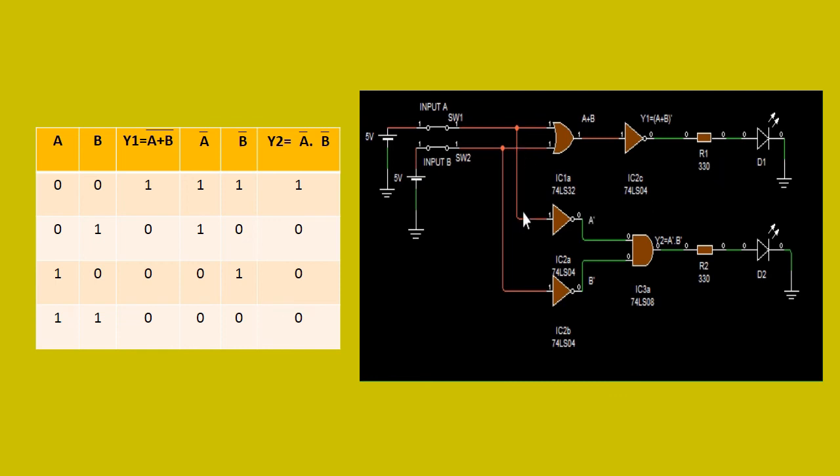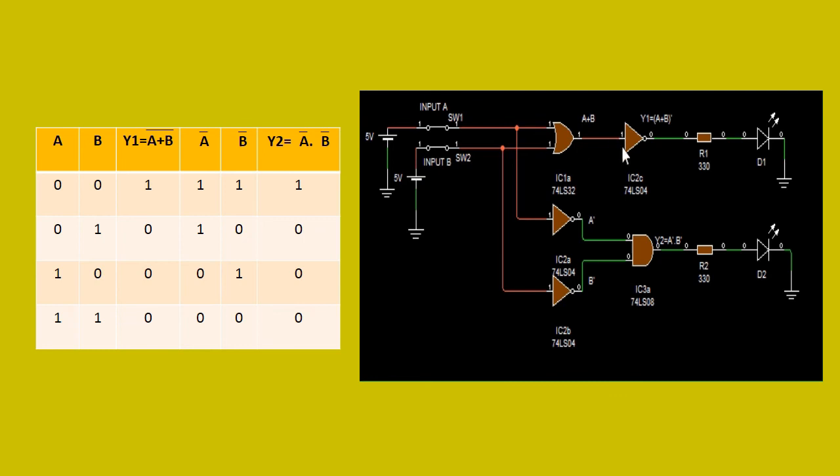Similarly, A is 1, so this input is 1. From this output we get 0. B is 1, so this is 1 input, and here we get 0 output. 0 dot 0 is applied to the AND gate and we get 0 output at the AND gate terminal. Here we also saw that the LED will not glow.